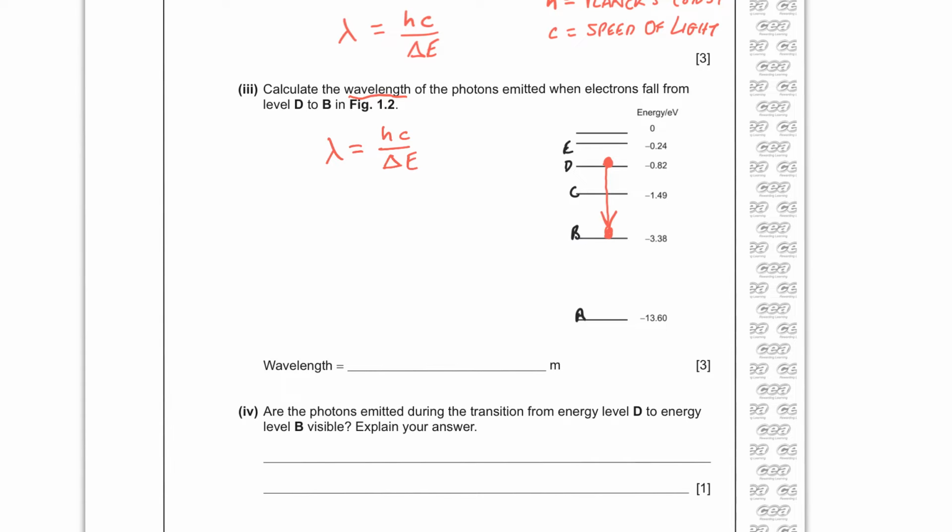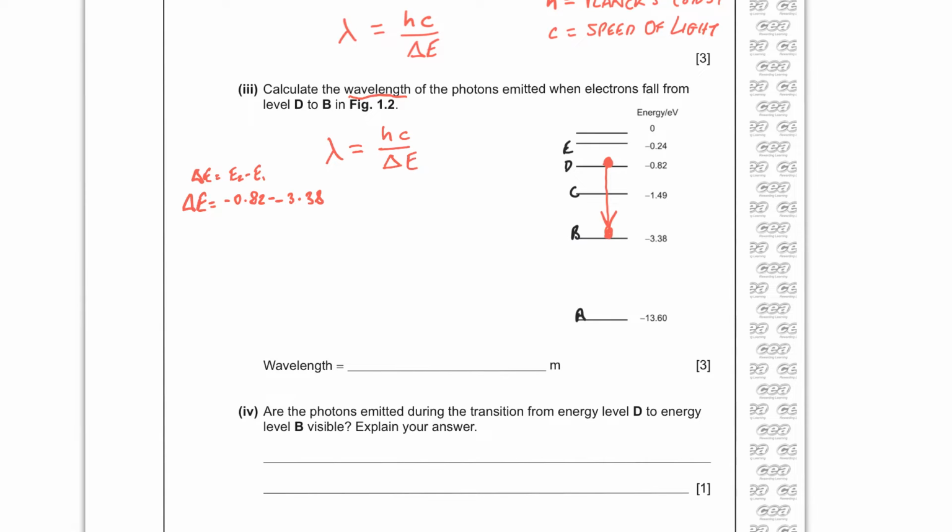So we're just substituting in there. The only difficulty would be that these energies are electron volts, and that's not SI, and therefore you're not going to get meters out of this equation until you put that delta E in joules. So we need to write the energy gap and convert it to joules first.